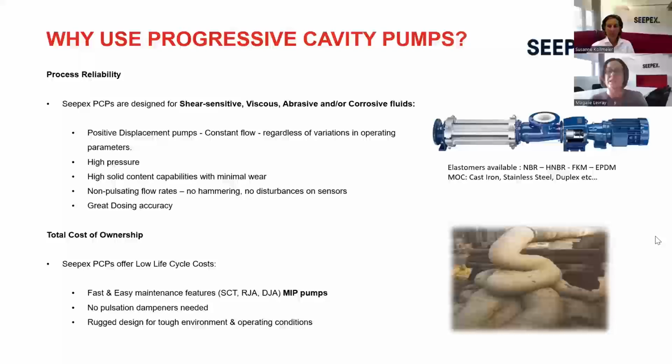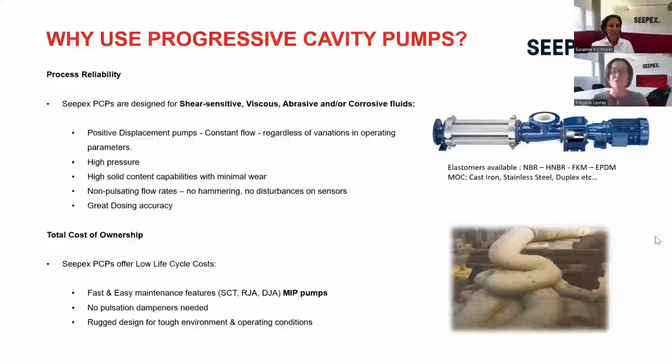Also, we have a non-pulsating flow rate, which is convenient because that means no hammering on piping, no need for pulsation dampeners, and for the process, no disturbances on sensors. For process reliability, we can also count on the great dosing accuracy and very good repeatability of progressive cavity pumps, so we can control our entire process.